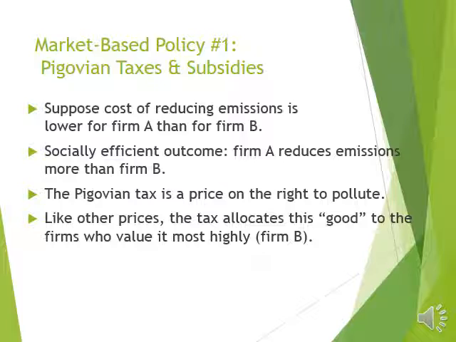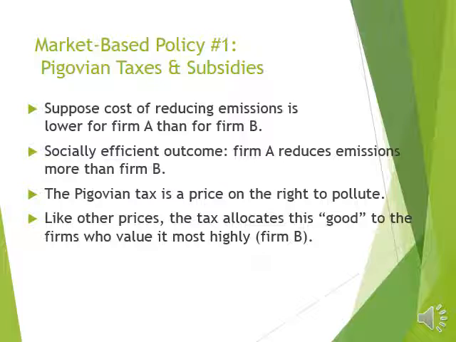So, like other prices, the tax allocates this good, basically the right to pollute, to a firm that values it most highly. So basically, as the firm pollutes, the first reductions in pollution will be a lot cheaper for firm A and for firm B than later.